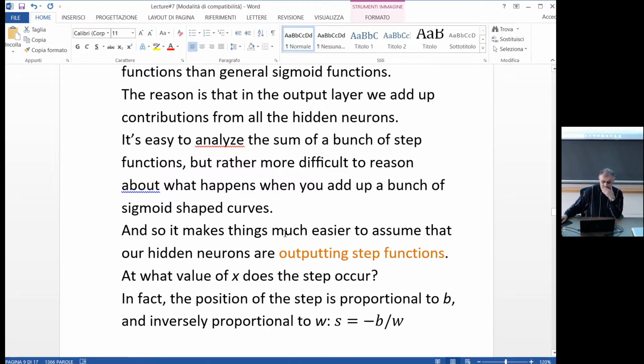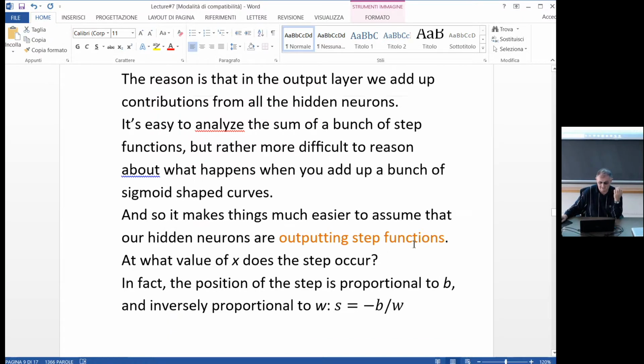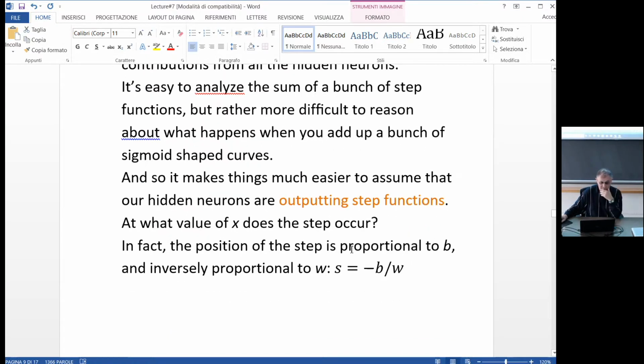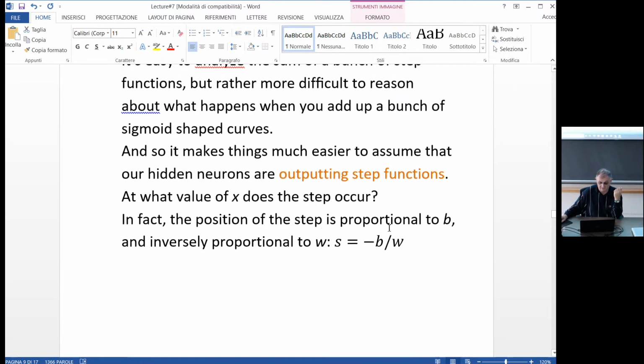So it makes things much easier to assume that our hidden neurons are outputting step functions. In this situation, it's very easy to calculate at what value of x the step occurs.